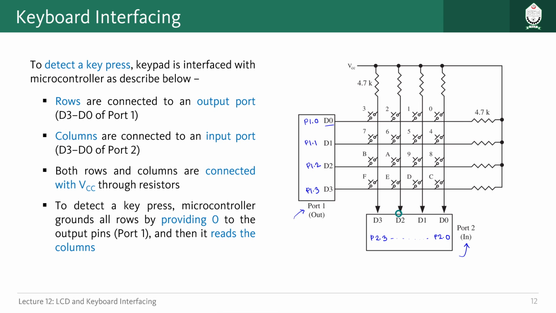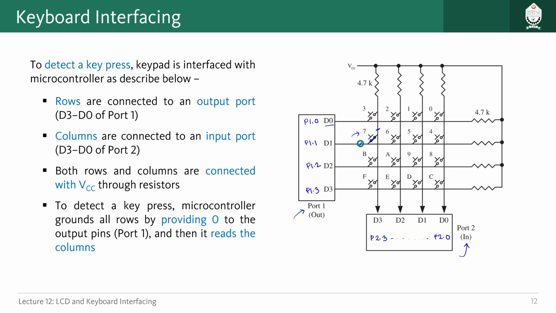But if one of the keys has been pressed, then that will make the row and column contact, right? So let's say, for example, this 7 push button has been pressed. These 2 ends will make contact, and as a result this column and this row will be connected.